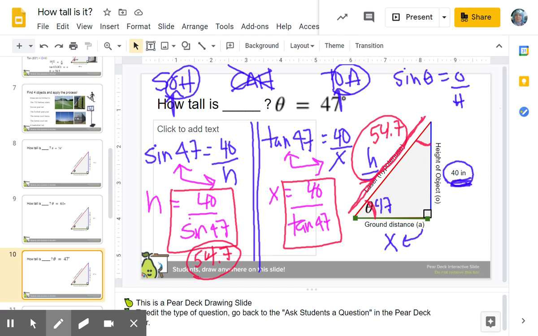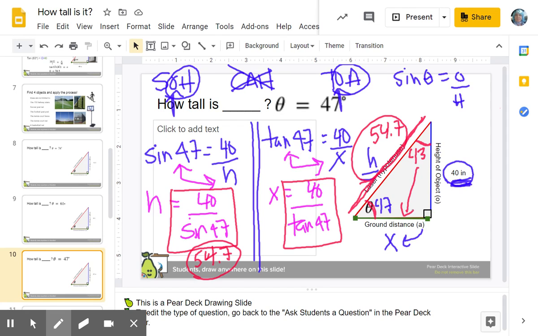And then what'd you get for the adjacent side? And I'm going to predict that that is going to be really close to 40, but a little bit smaller because it is opposite the smallest side. So 40 divided by tangent 47.